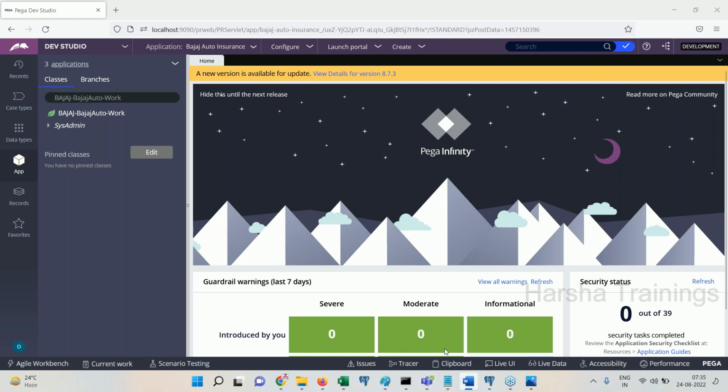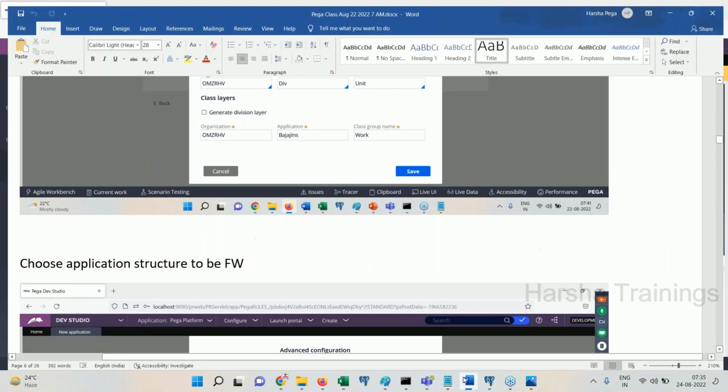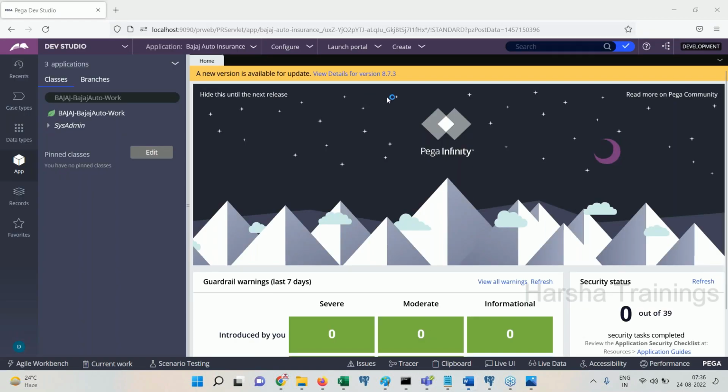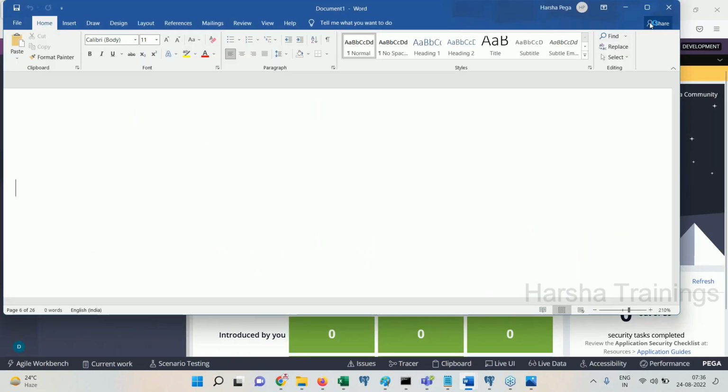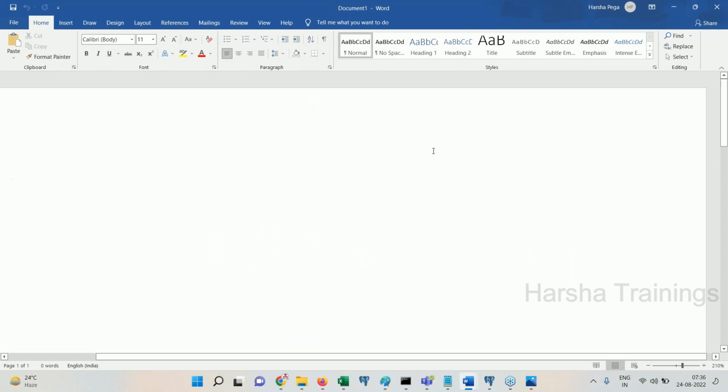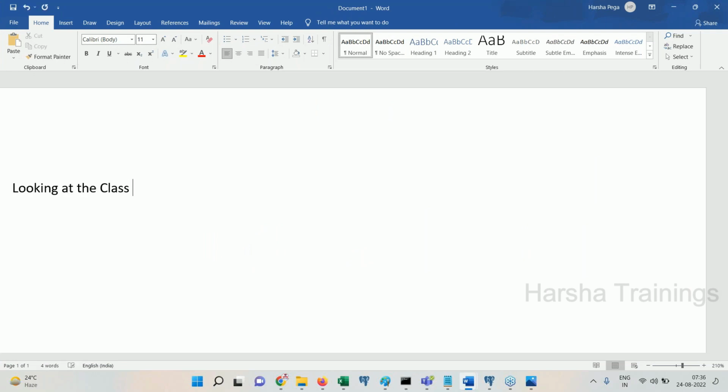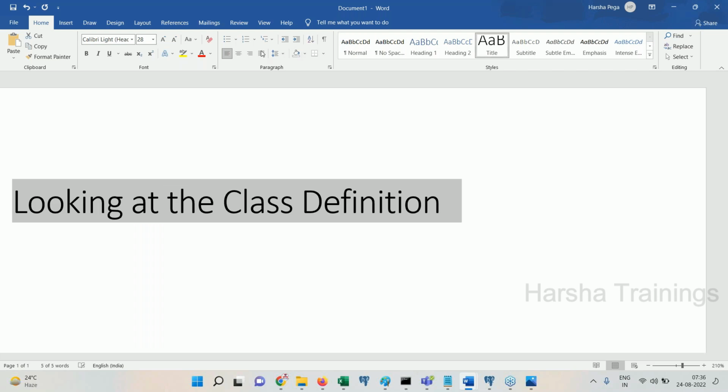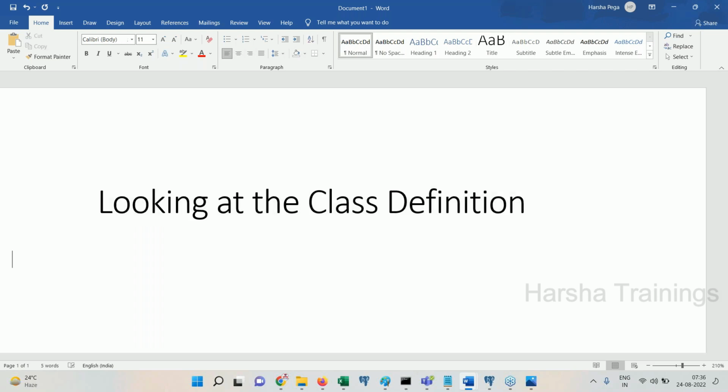Let me create a document for this. Looking at the class definition. We are trying to understand what is being created. After creation, we did not leave it so simply. We are trying to understand what Pega has created, and from that we need to understand the fundamental concept.